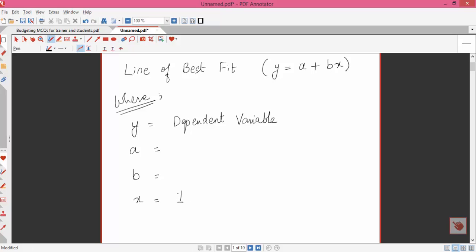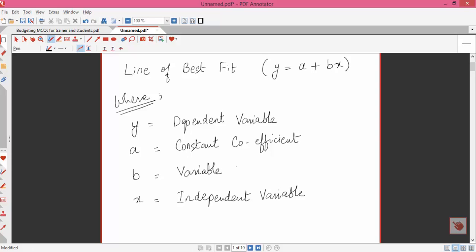X is the independent variable. A is the constant coefficient. And B is the variable coefficient.